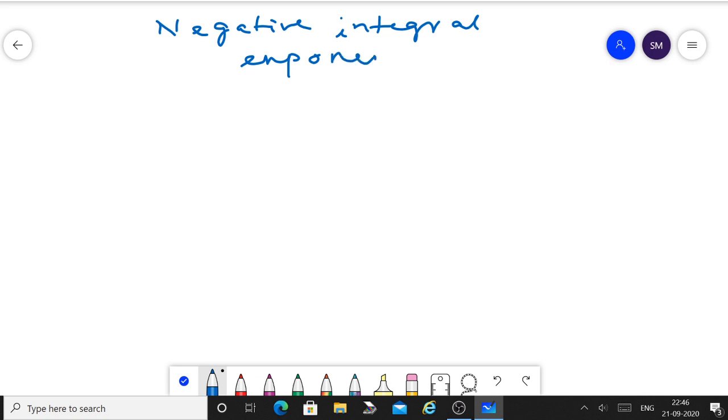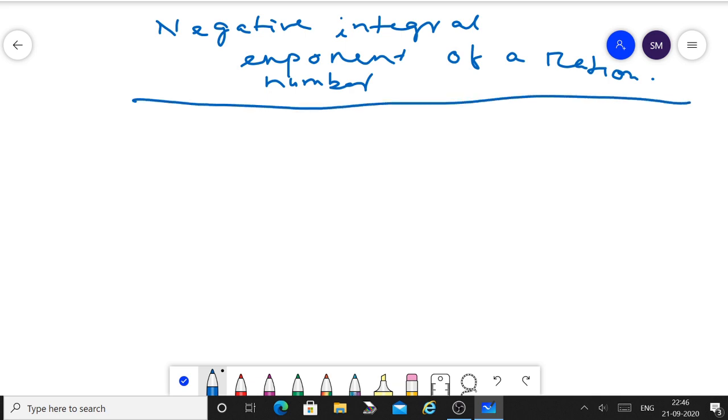Then take the negative integral exponent of a rational number. Negative integral exponent means the exponent is negative. Suppose a by b is a rational number, a by b to the power minus n.